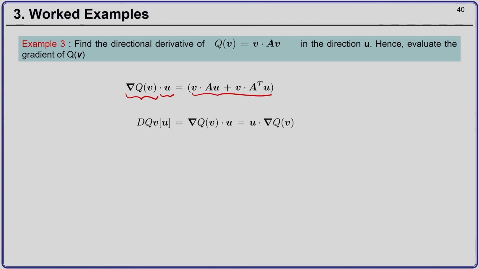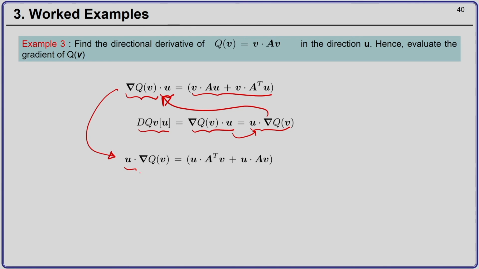Our directional derivative is also equal to gradient of q dot u, and because a dot b is the same as b dot a, I can write this as u dot gradient of q. I can substitute this on the left hand side, and then u dot gradient of q will be equal to u dot A transpose v plus u dot A v.